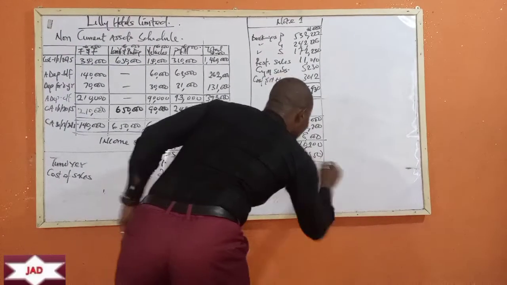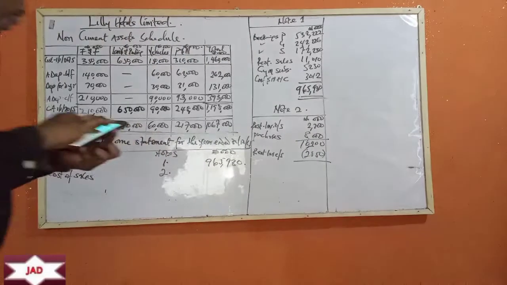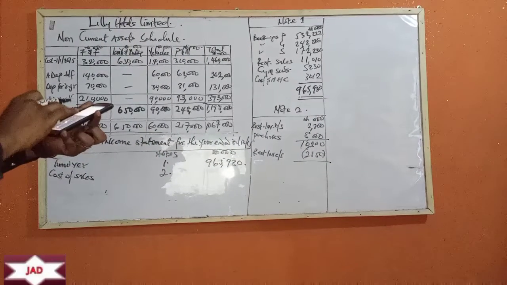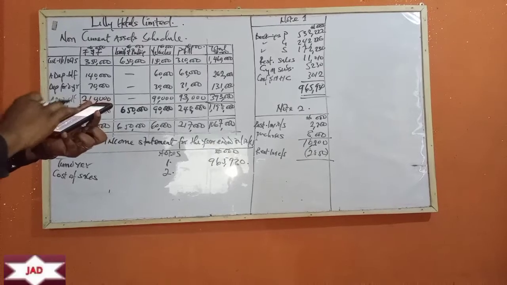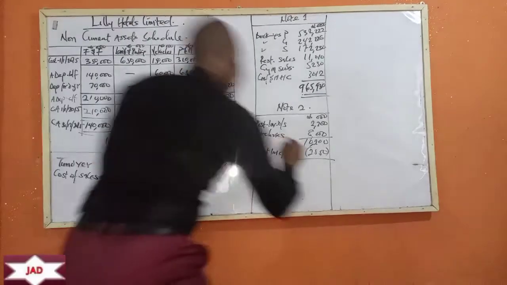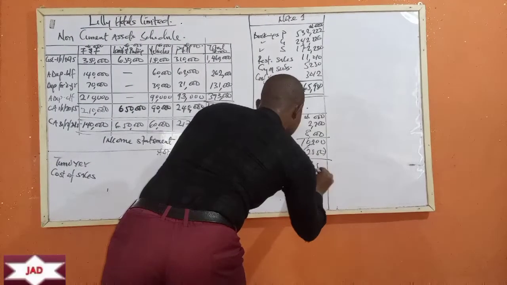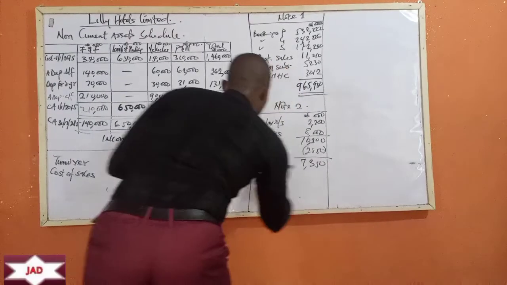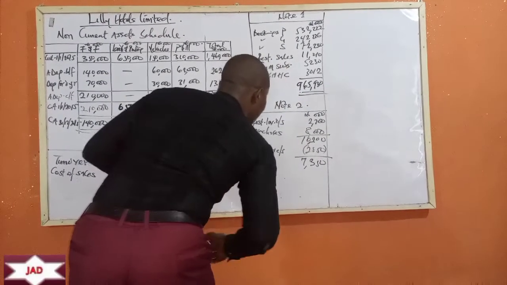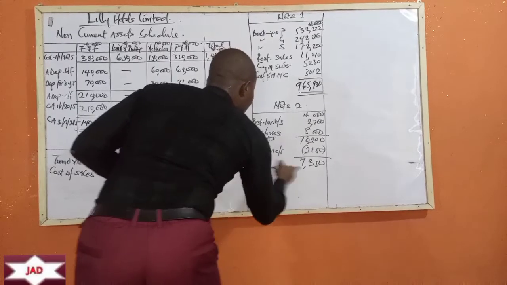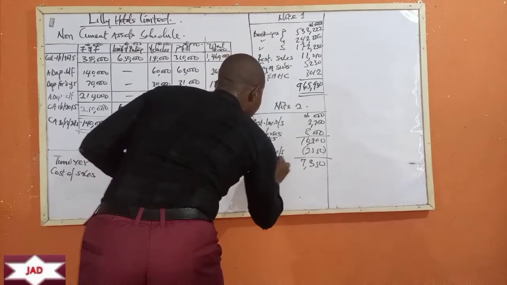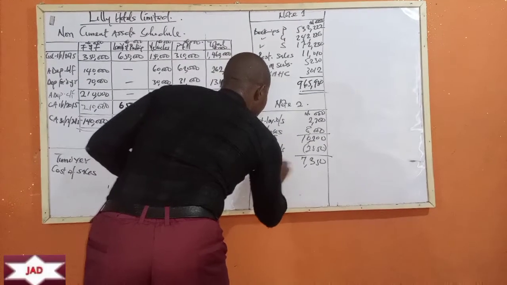So you take that out. 10,200,000 minus 2,850,000 gives 7,350,000. You can call this cost of goods available for sales, and this cost of goods sold, or cost of sales.